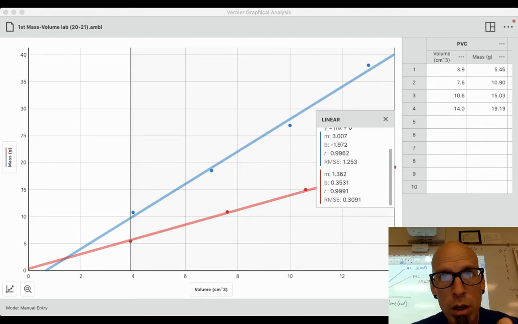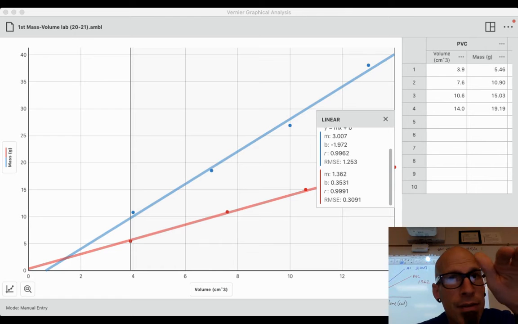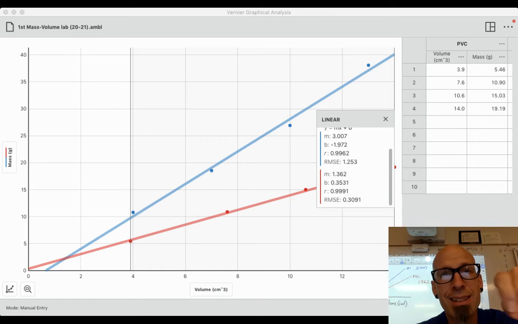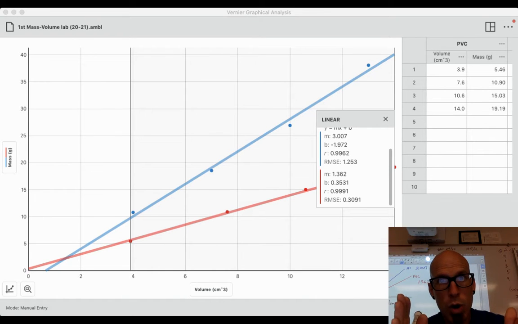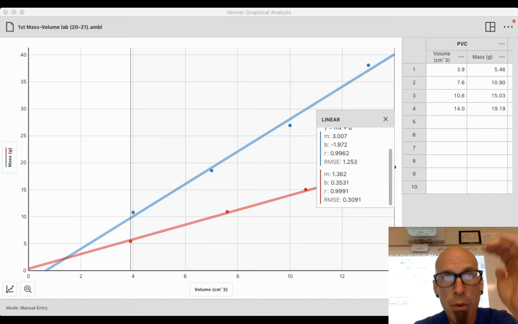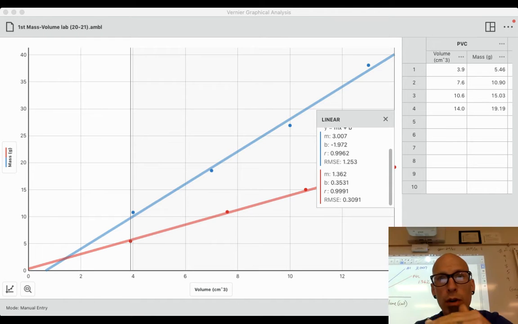Now, remember, how do you find slope? I know you didn't have to find slope on this. Graphical analysis did it for you. But if you did have to find slope, you take the rise over the run. That would be a mass over a volume, right?